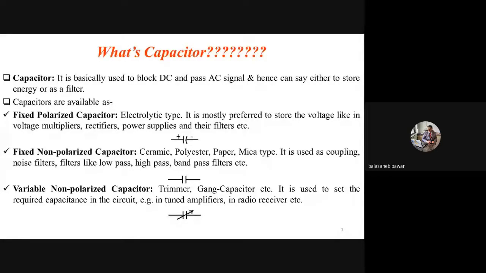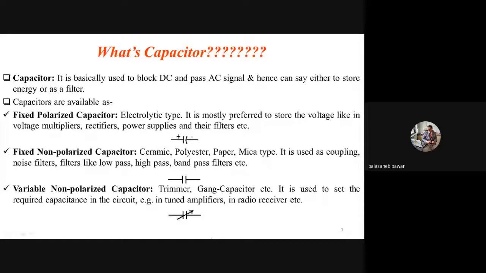Capacitors are basically of two types: fixed type capacitor and variable type capacitor. In fixed type, the subtypes are polarized and non-polarized capacitors. Fixed polarized means it has polarity. You might have studied such capacitors during your first year practicals.